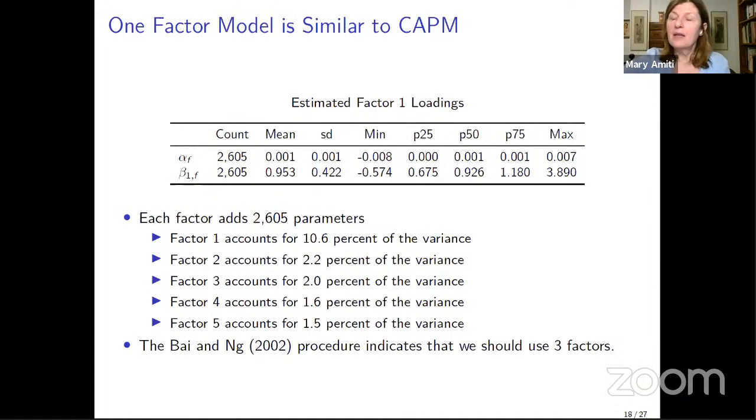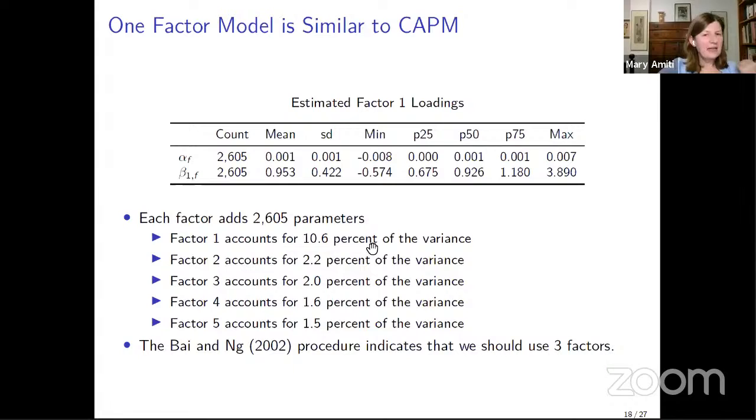As I said, there are different approaches to how many factors you get. Here I just wanted to show you that every time you add a factor, you're adding 2,605 parameters, one for each firm.